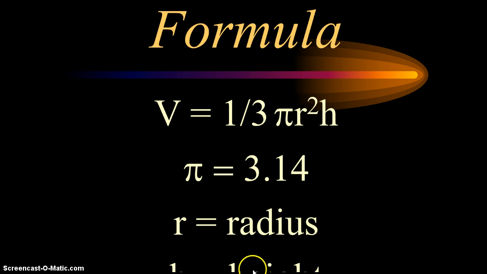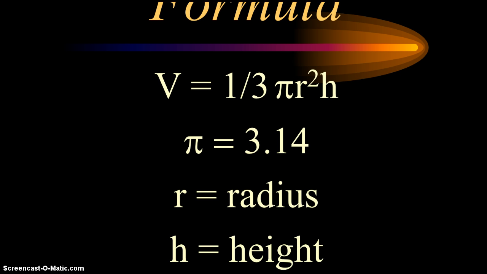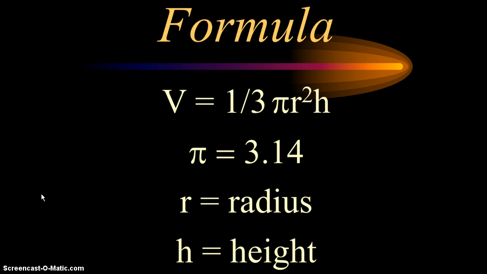So you'll find that we need similar information for our volume as to what we needed for our cylinder. We still need pi. We're still going to need the radius, and in this case, we're going to use the height, not the slant height.